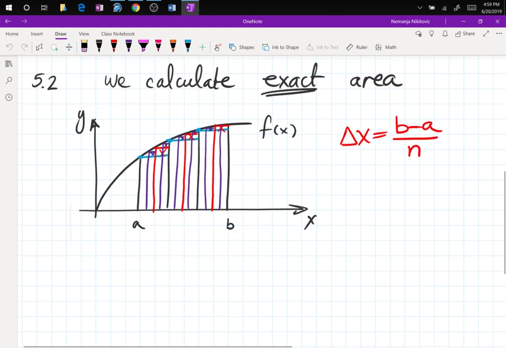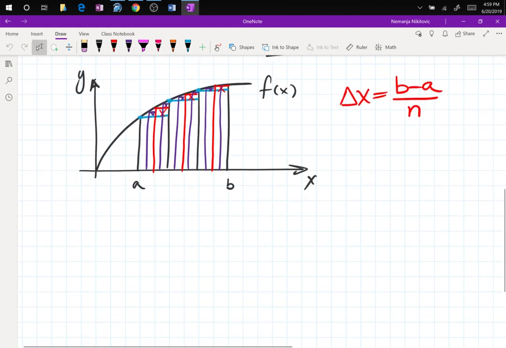Well, the benefit is that if you keep dividing this and you keep dividing it forever, you are going to run into infinitely many rectangles that are infinitely thin. And each rectangle fits under each of the points of the graph, covering the entire area.